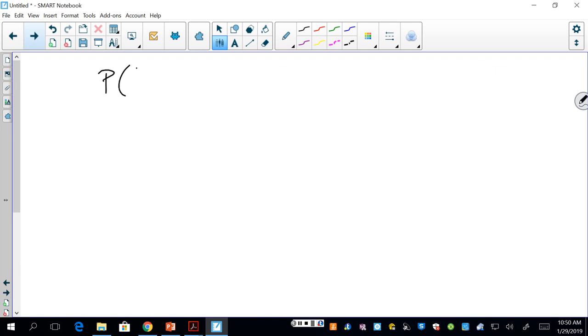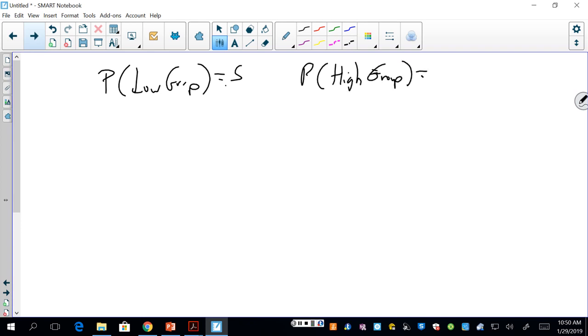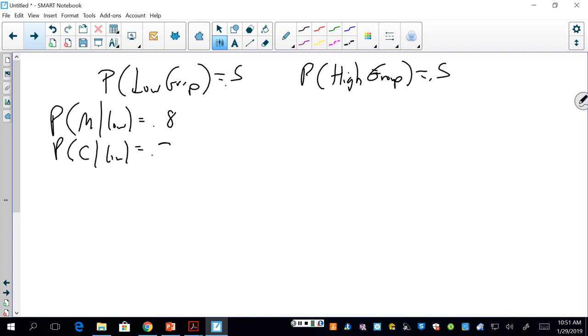Right, so what they report instead is that the probability they're in this low group is 0.5, and the probability they're in the high level group is 0.5. And the probability of that one, given the low group, was 0.8. The probability of the higher response of this group that they saw was 0.7, and the probability of this one, the low group, was 0.75.